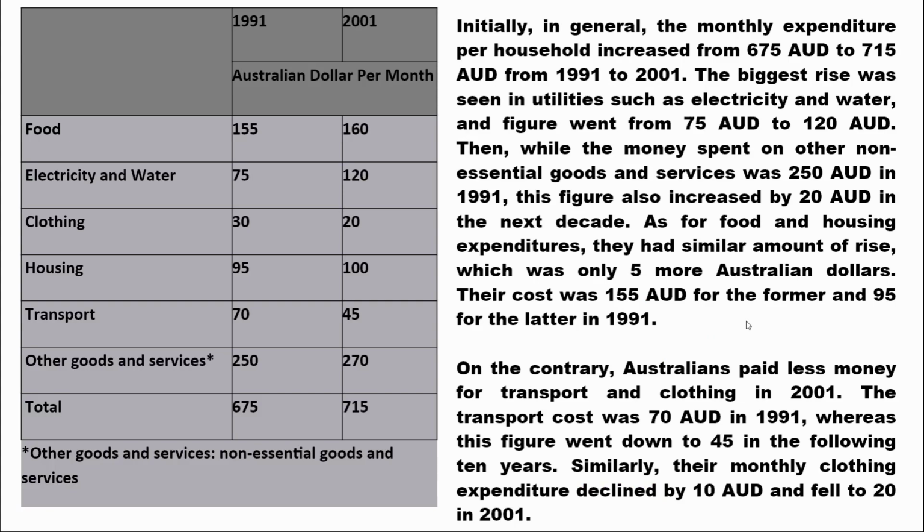So again, when we say for the former it was 155, that means that food was 155. For the latter it was 95, so the latter was housing, okay, so the housing was here 95, they increased by $5, so they came to 100 and 160, okay, that's all. So that's it, the body is finished.